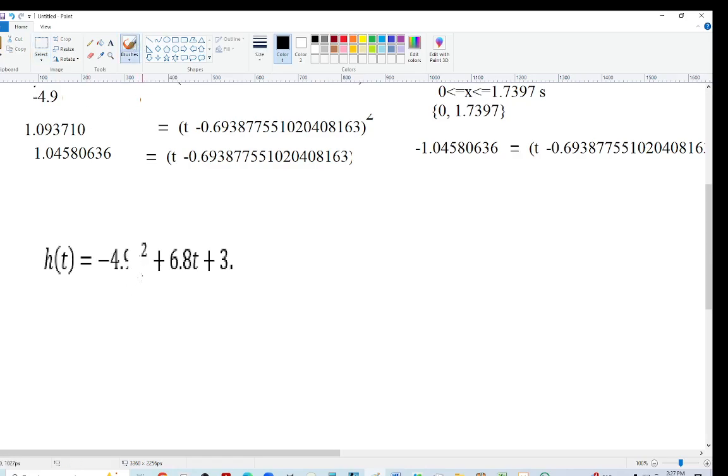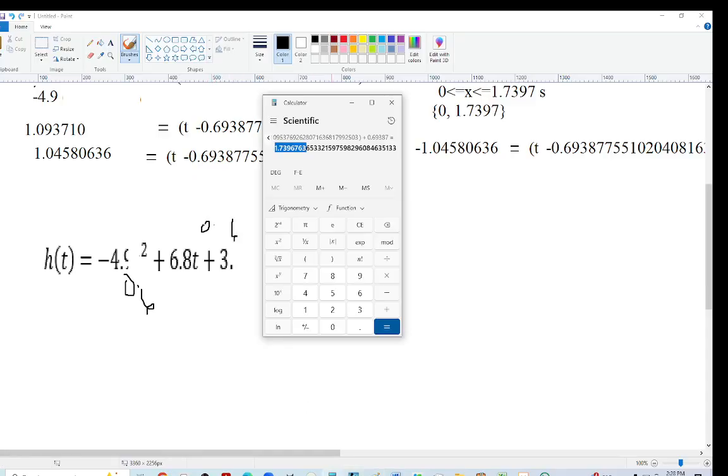So it's going to be 0.6 seconds squared, multiplied by negative 4.9. You get that. I'm going to add 6.8 times 0.6. It equals, and then I'm going to add 3.